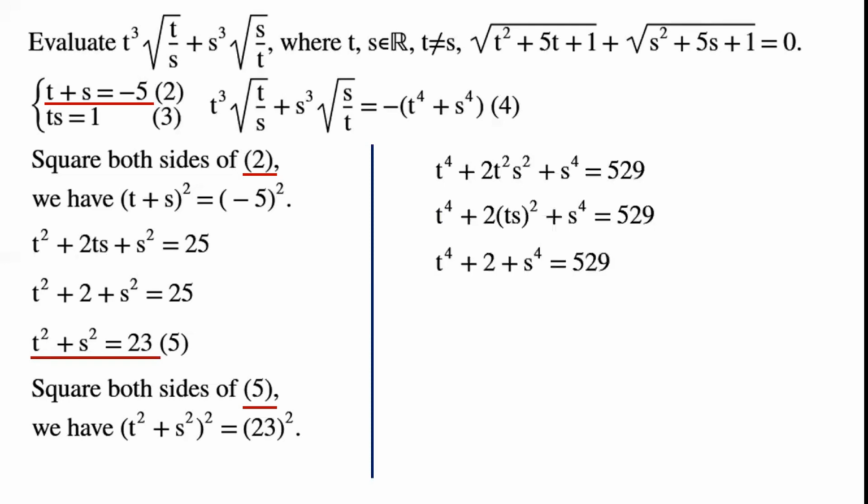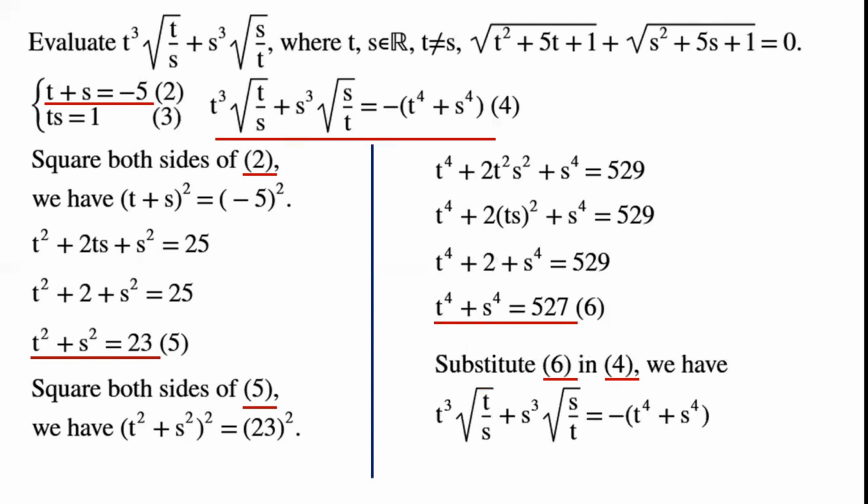By equation 3, we know that ts equals 1, so 2 times ts all squared equals 2. By rearranging the equation, we have t to the power of 4 plus s to the power of 4 equals 527.